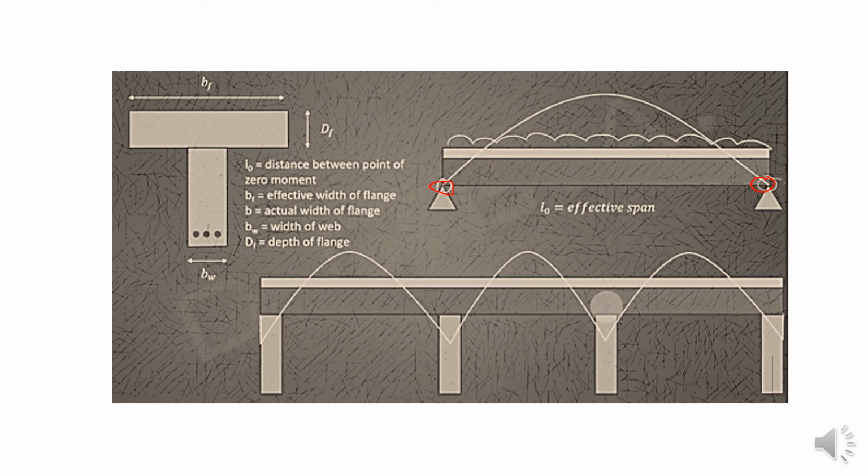The bending moment happens like this, where the zero moment points are here, here and here. So L0 is the distance between the points of zero moment. The L0 value will be from this portion to this portion. I hope you understand how we can measure the L0 value.